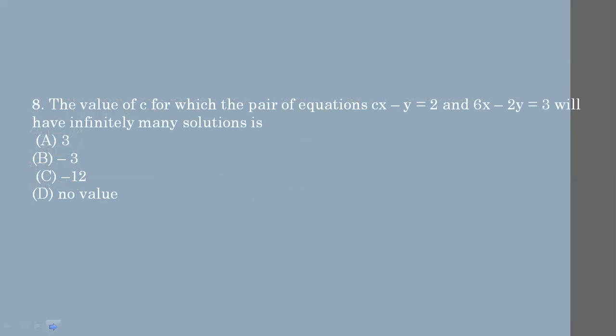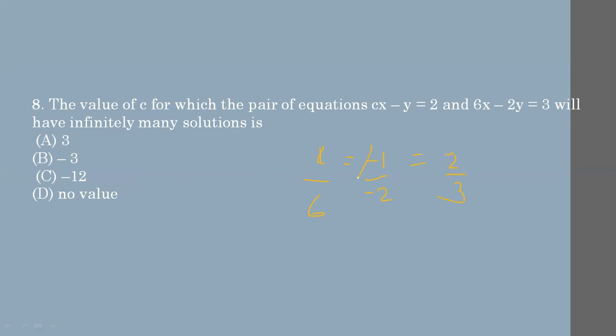The value of c for which the pair of equations will have infinitely many solutions is. For infinitely many solutions, we have seen that they should be coincident. So therefore c upon 6 equal to -y upon -2 equal to 2 by 3.